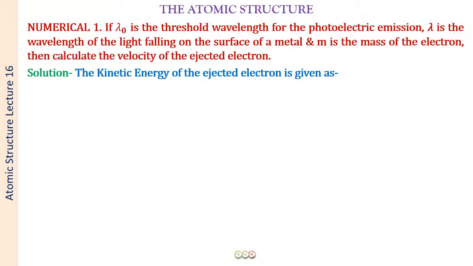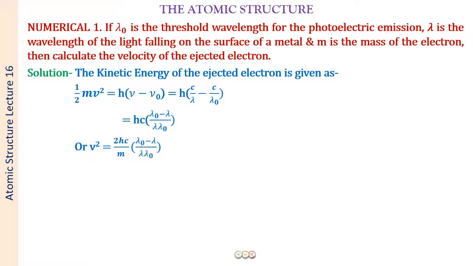So the kinetic energy of the ejected electron, do you remember what is that? Yes, it is half mv square equal to h nu minus h nu naught, and this is going to be h into c by lambda minus c by lambda naught. So this is going to be hc into lambda naught minus lambda over lambda into lambda naught.